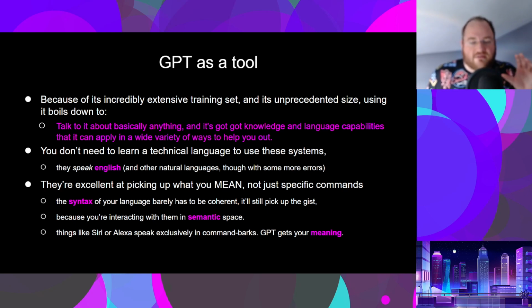You say, Alexa, screen on, because you've had to learn the syntax that Alexa can accept. GPT gets what you mean. And again, I don't want to just sound like I'm a rah-rah GPT is amazing, love OpenAI. No, it's just first of its kind, and it is a new kind.